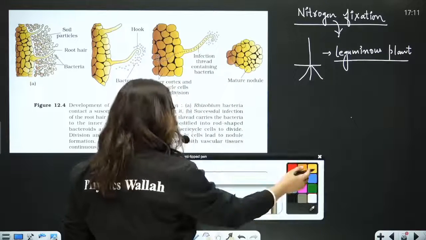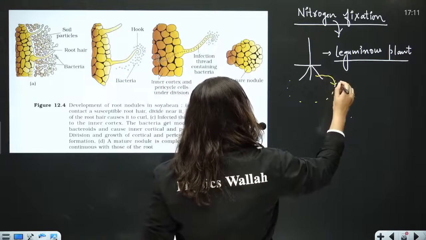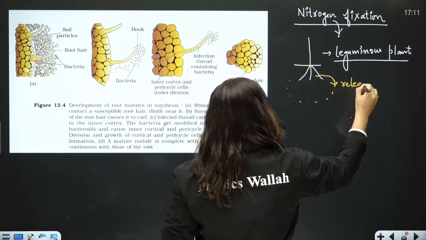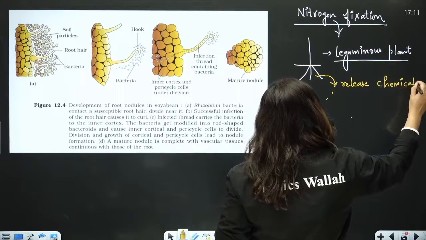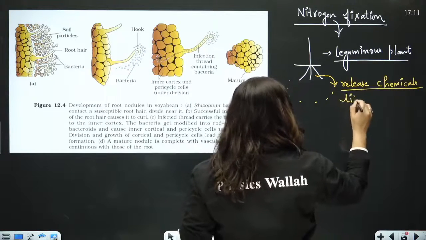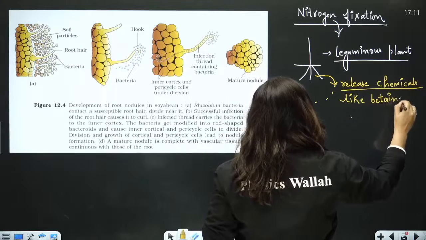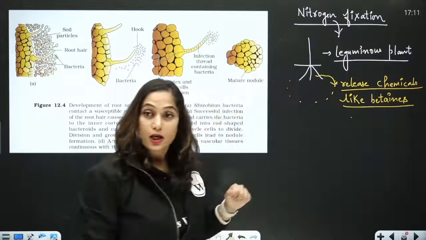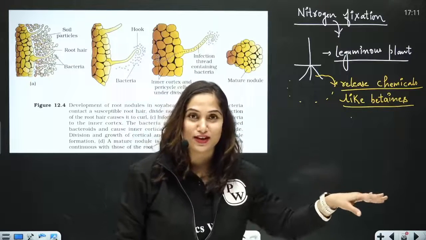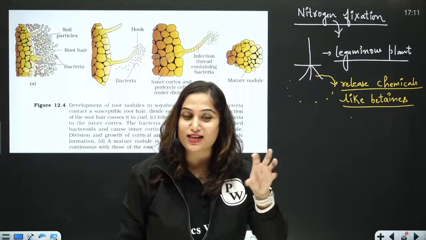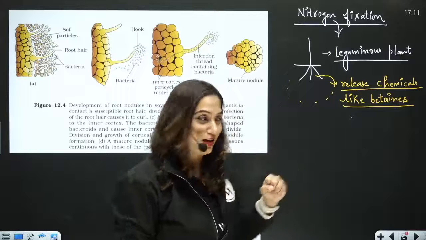So, what it will do, it releases some chemicals like betaines. The root of the plant releases chemicals into the soil, and those chemicals attract the Rhizobium bacteria present in the soil.